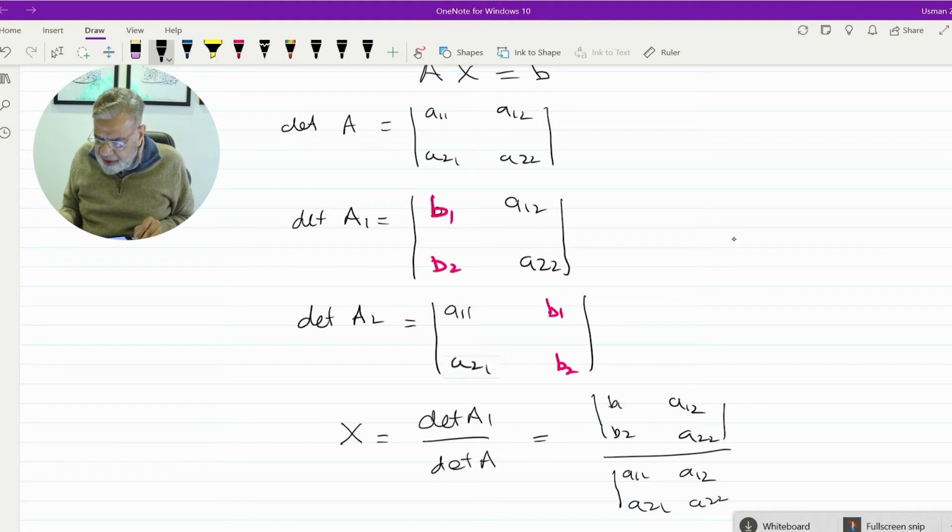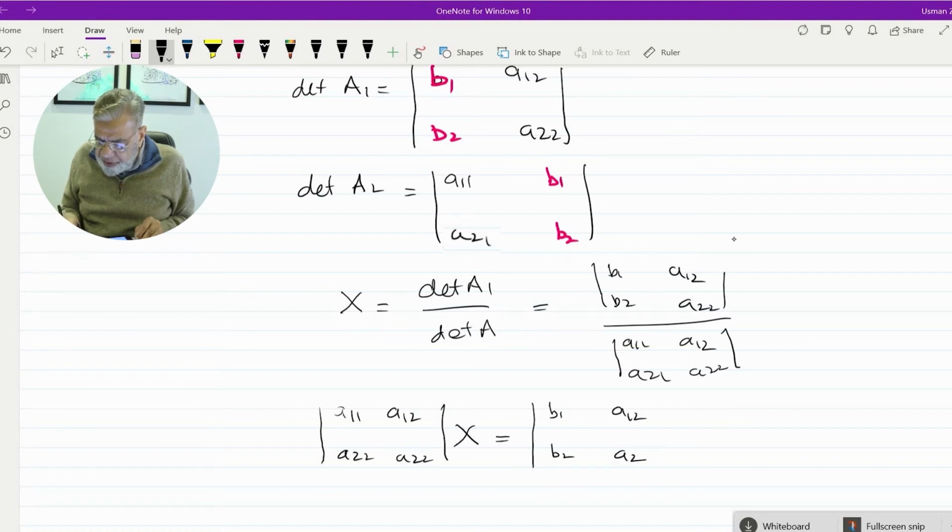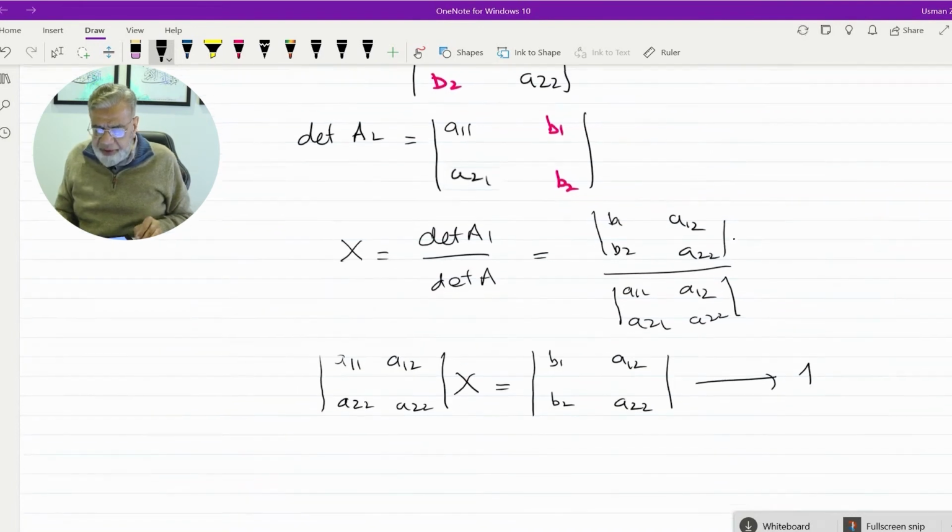If I rewrite this in equation form, I can write it like this: A11, A12, A21, A22, times x, equal to the determinant of matrix A1, that's B1, B2, and A12, A22. That's an important equation: we have eliminated y, and we get the value of x.